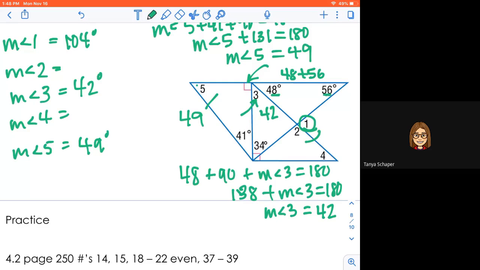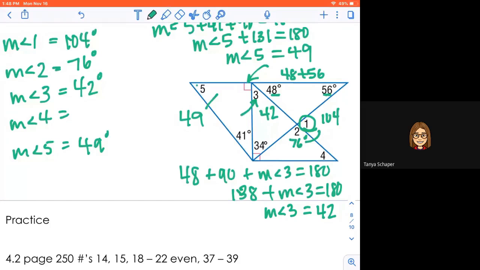That's what we're doing in geometry this year. We're trying to prove every step we make, not just say, I think that's it, or it kind of looks like it. We have to give it some good solid proof. So if the measurement of 1 is 104, then the measurement of 2 is going to be 76 degrees, because 104 plus 76 is 180.